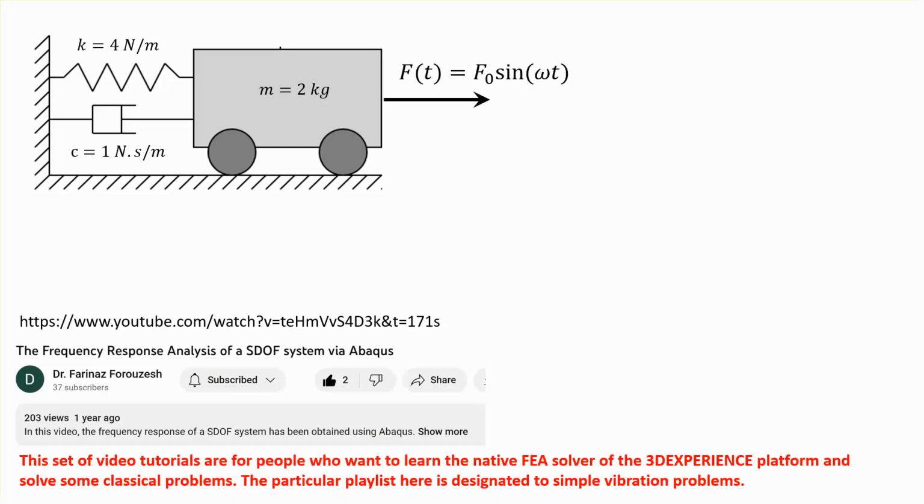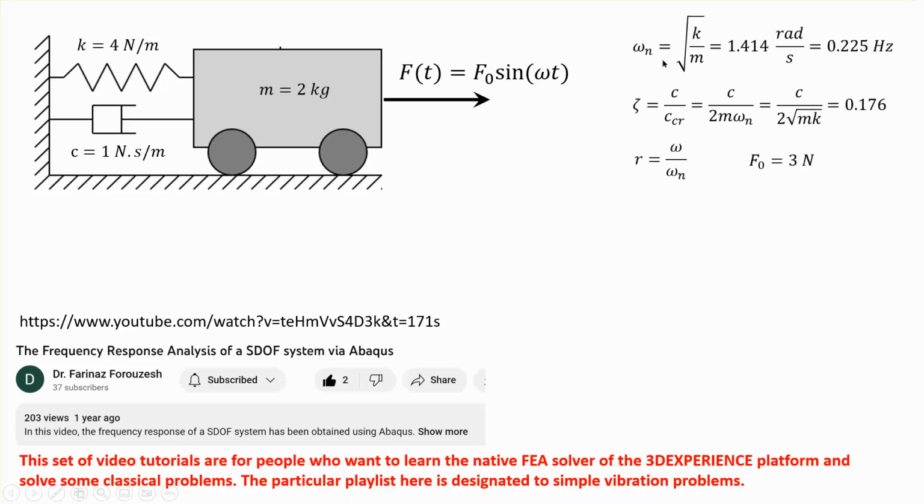The solvers are the same, the same Abaqus program, but there are dramatic differences as far as the interface, icons and functionalities between the two software. The purpose of this channel is to expose people to the 3D experience platform.